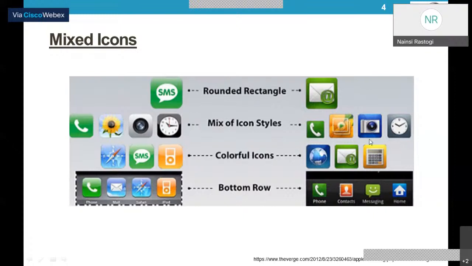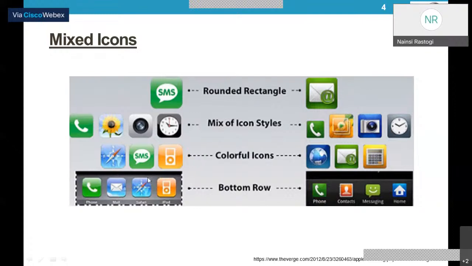Even the placement was the same. Similarly, in this bottom row, almost all the icons were the same, starting with the phone. So the icons were copied from the Apple design into the Samsung phone.